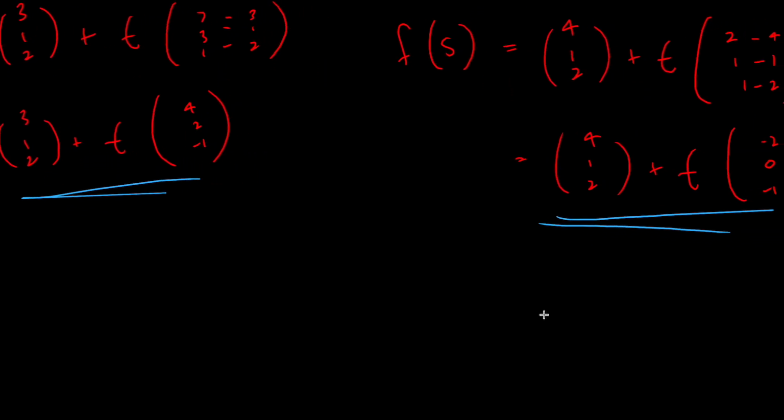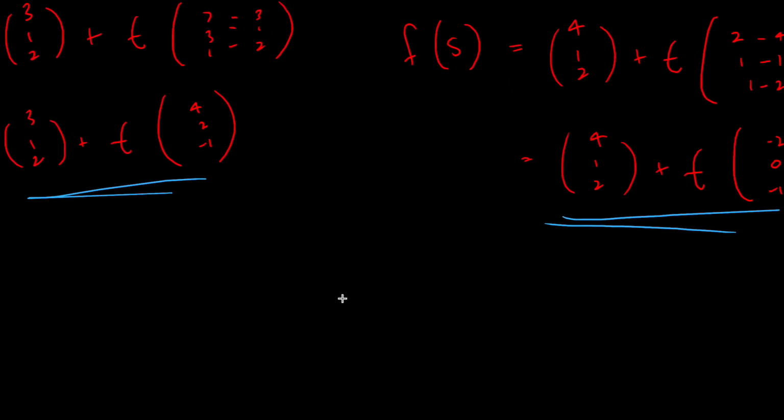Now remember that the problem is asking for the intersection between these two lines. A good thing about parametric form is that we can always turn these into points. If you remember from my last video, this first row is the x component, the second row is the y component, third row is the z component. So just adding these two vectors together, we have 3 plus 4t as the x component.